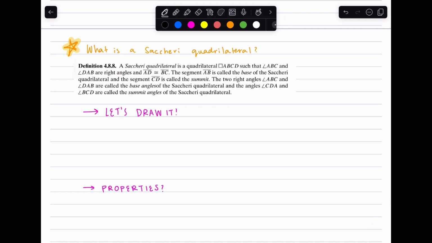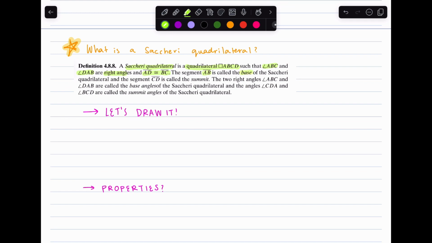Now let's look at a Saccheri quadrilateral, which is one you may not have seen before. A Saccheri quadrilateral is a quadrilateral, ABCD, such that angle ABC and angle DAB are right angles, and segment AD is congruent to segment BC.